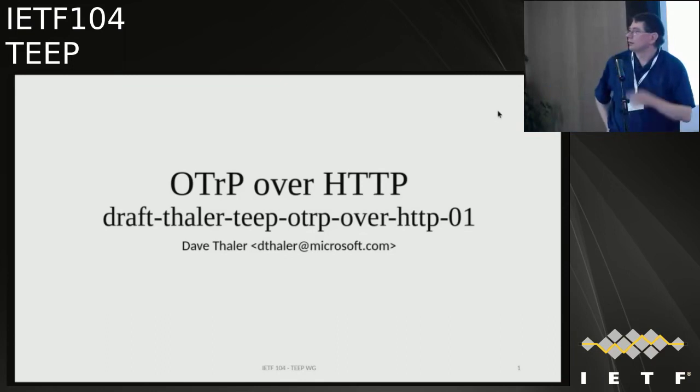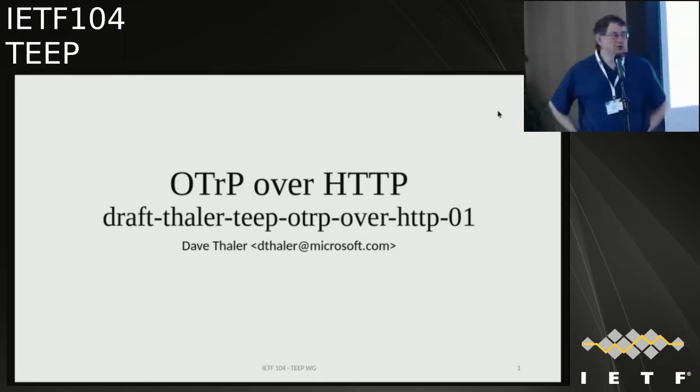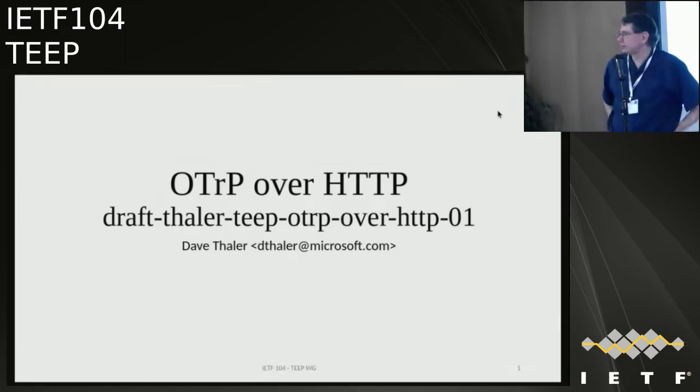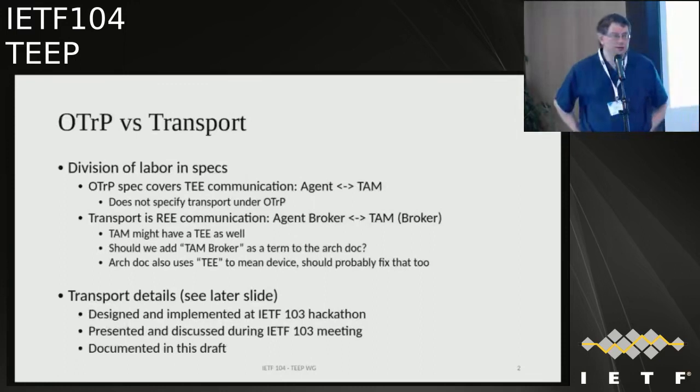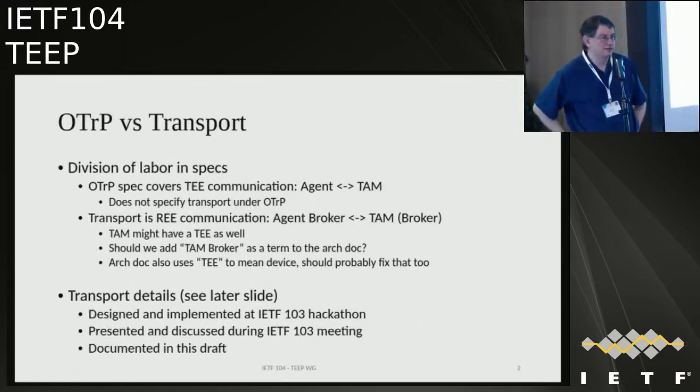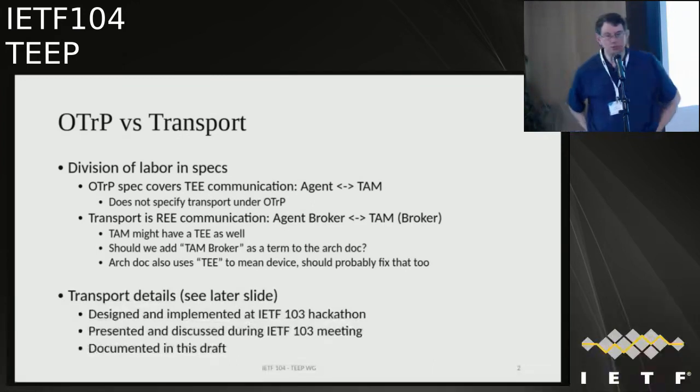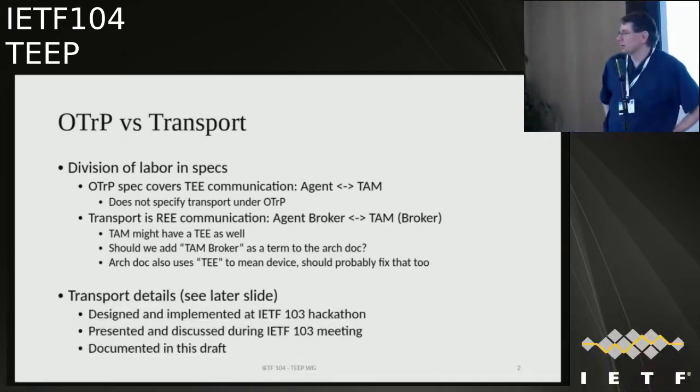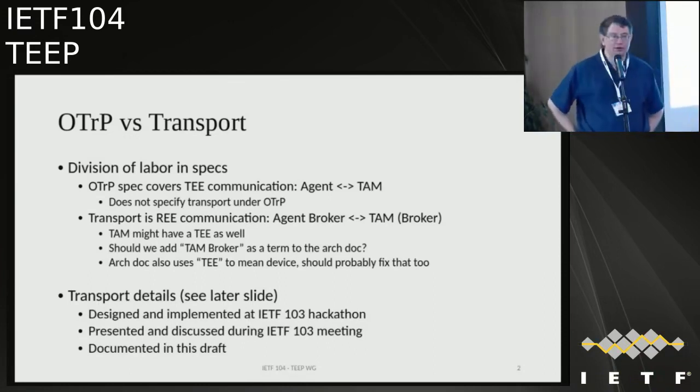All right. As a reminder, if you're new to this discussion, or you can't remember what we talked about last time, here's the summary. There's a division of labor in the specs between the OTRP protocol and this document. There is not an intent that this stuff should go into the OTRP spec. Why is that? The OTRP spec covers the communication between the agent and the TAM, which are things that go from inside the TEE.